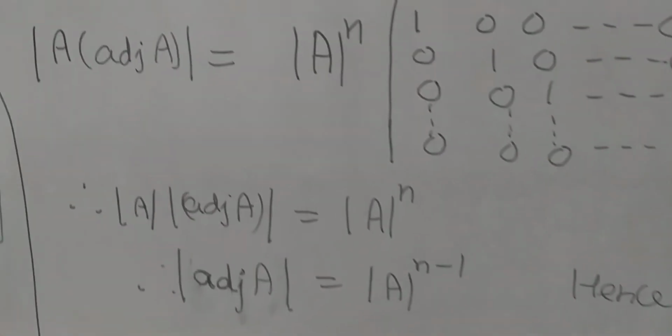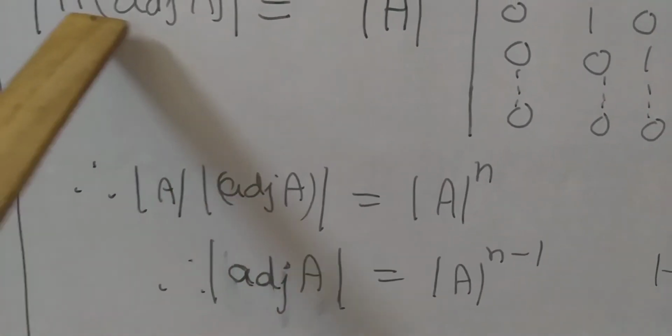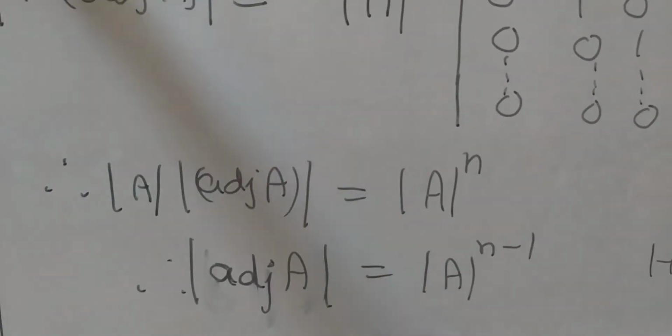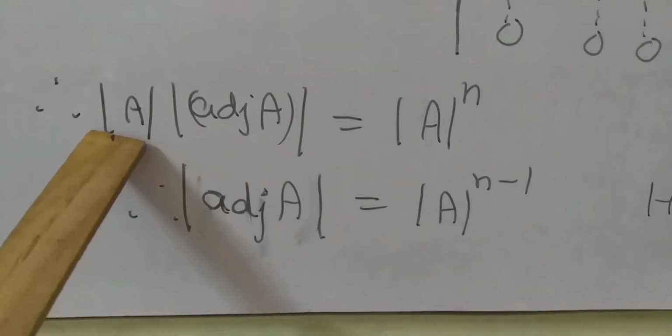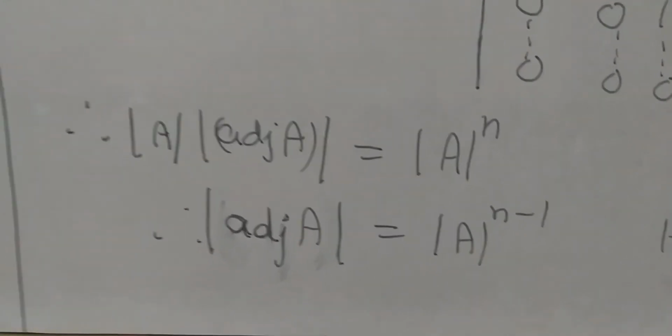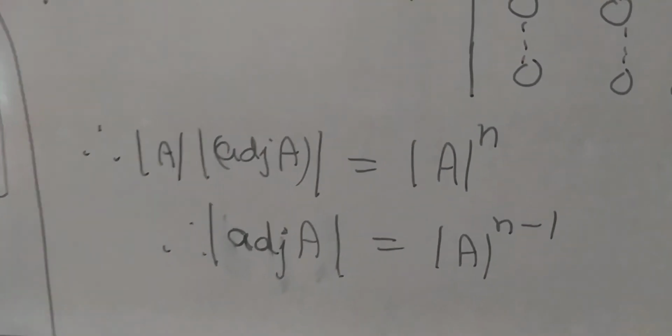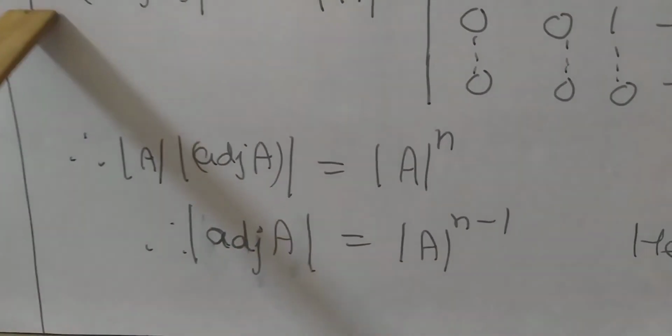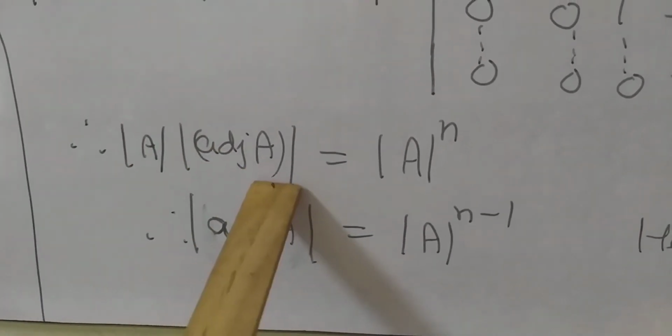Correct, students? Now here we can write determinant of A into adjoint A equals determinant of A into determinant of adjoint A, because determinant of AB equals determinant of A into determinant of B. So we can write them separately in the form of determinants.